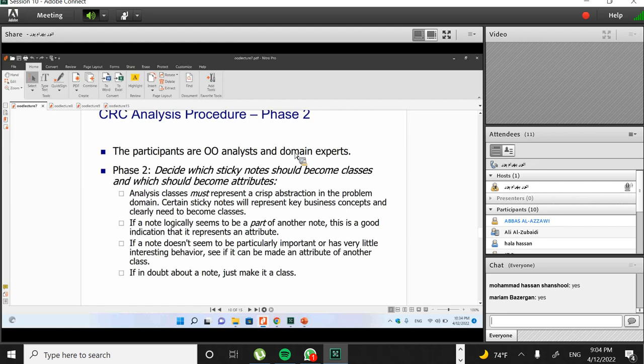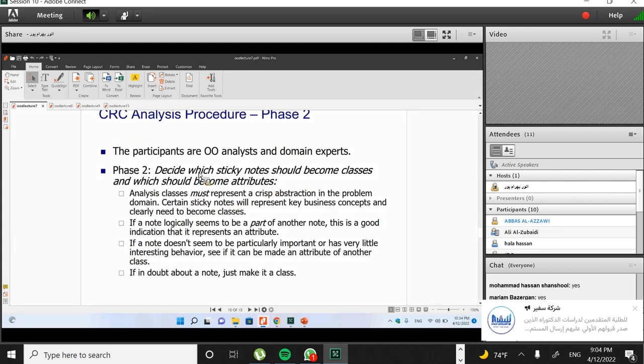In this phase, we do some more special work on our analysis classes. In phase 2, decide which sticky notes should become classes and which should become attributes, and probably some of them are neither classes nor attributes.